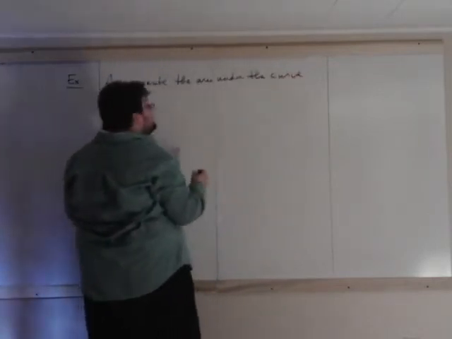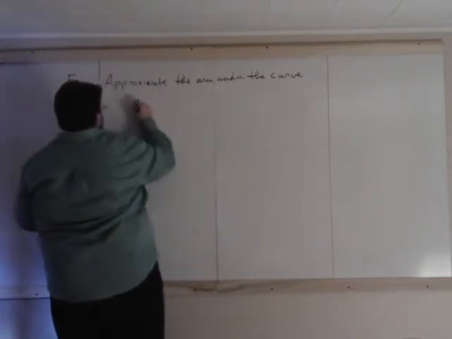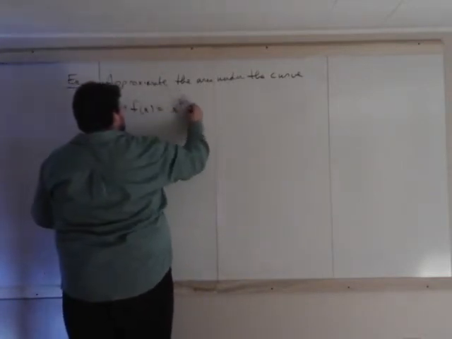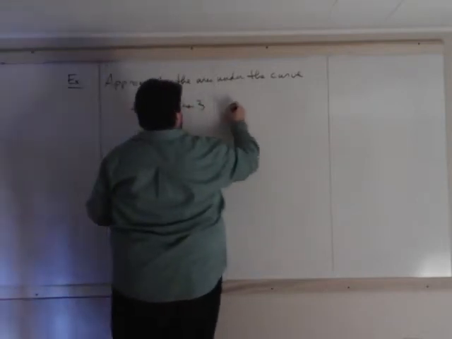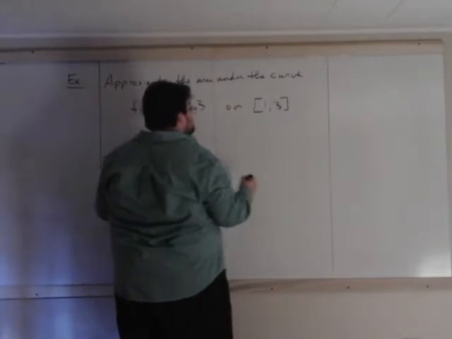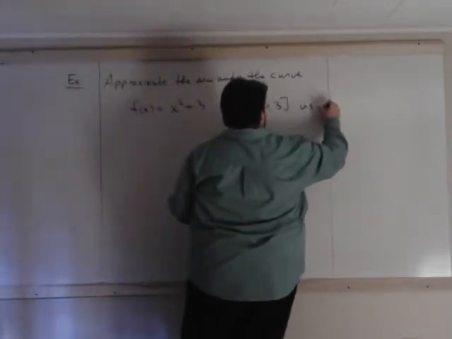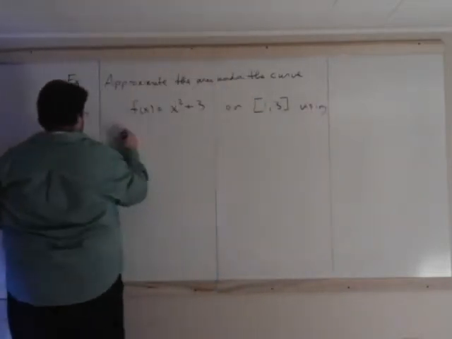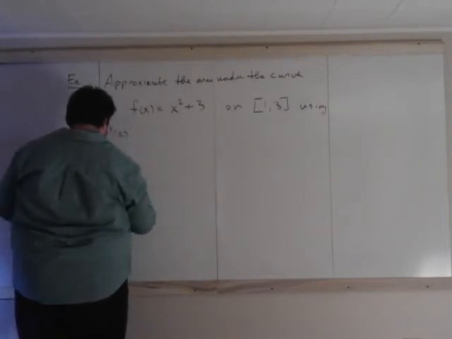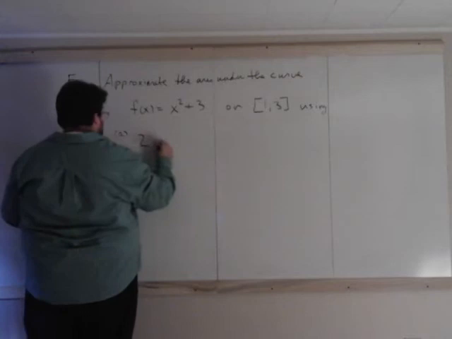Let's give a curve. F of x equals x squared plus 3 on the interval 1 to 3 using A, B, C, D. So first using 2 rectangles.